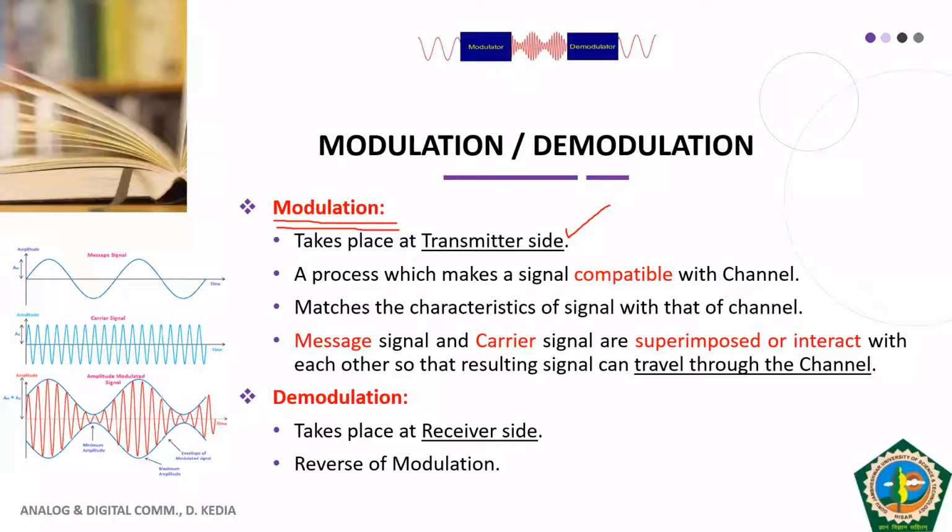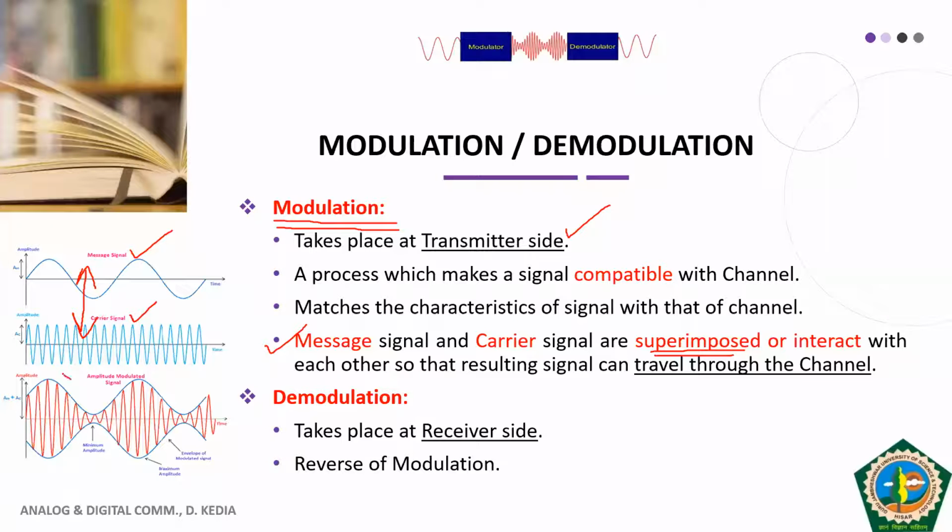Okay. Then second thing that you should keep in mind, as we have already talked about, is that in the modulation, your message signal and carrier signal are superimposed with each other. As I told you, this is our message signal and this is our carrier signal. In order to transmit this message signal from one place to another place, we need to superimpose message signal and carrier signal.